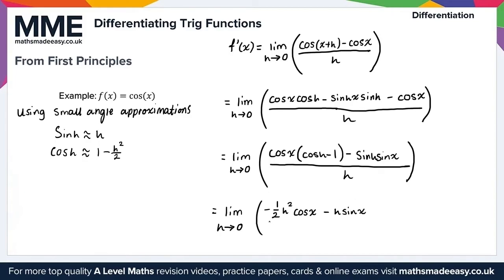We've still got our denominator of h here. Now we're nearly there. All we want to do is simplify numerator and denominator. If we simplify, all we're going to get is the limit as h tends to 0 of minus a half h cos x, and then minus sin x.